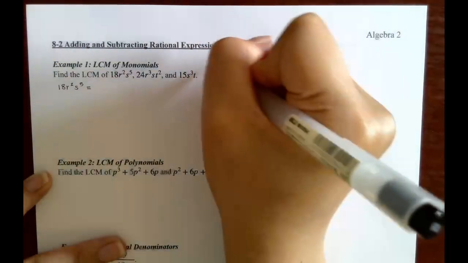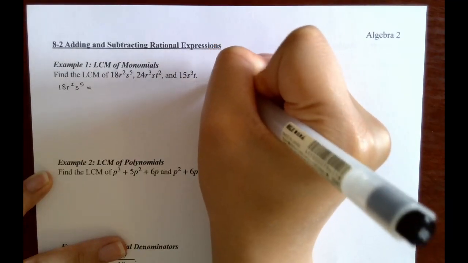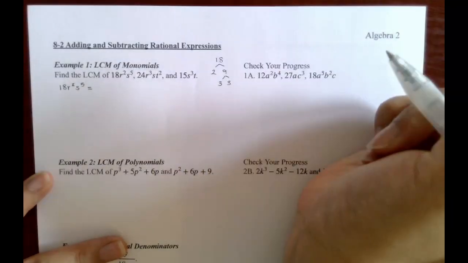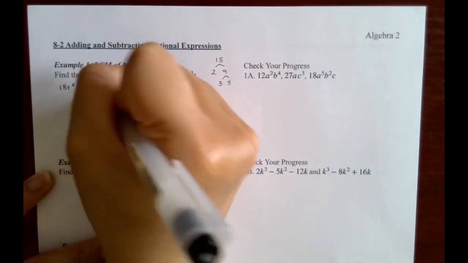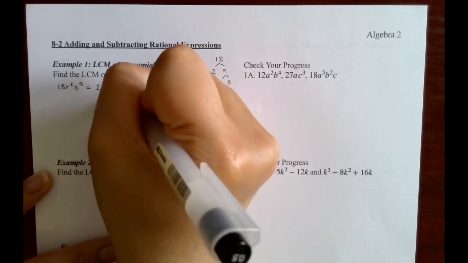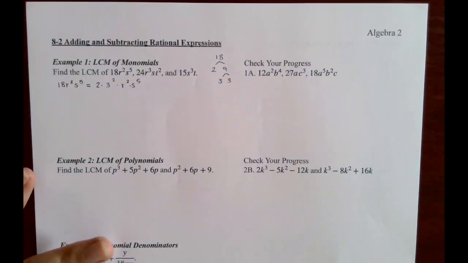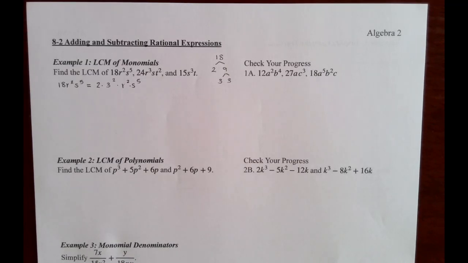If we do a factor tree for 18, it's 2 and 3 squared. So 18 is going to be 2 times 3 squared, and then we have r squared, and then s to the fifth. If you want, you can write it all out, but essentially there's no need for that.